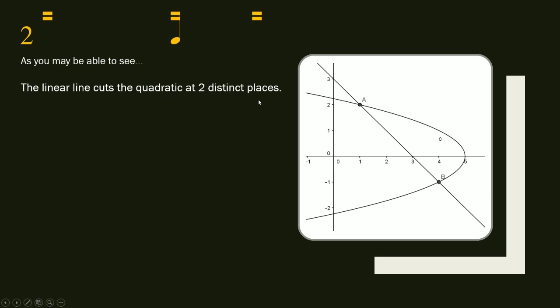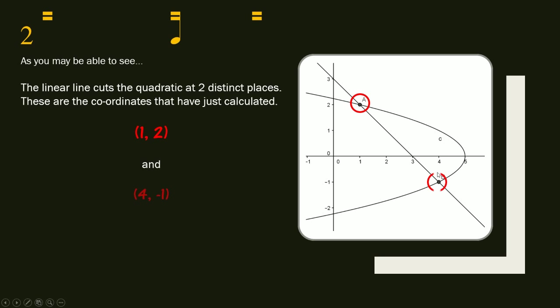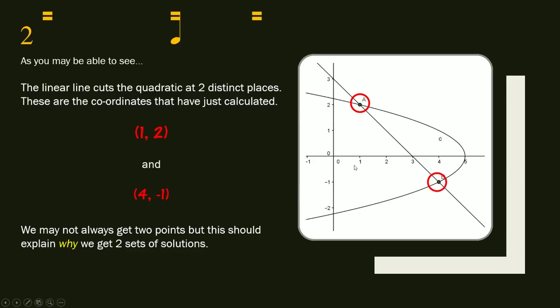So the linear line cuts the quadratic in two distinct places. These are the coordinates that we just calculated, and as you can see, 1, 2 is this one up here, and 4, minus 1 is this one down here. We may not always get 2 points, but this should explain why we get two sets of solutions.